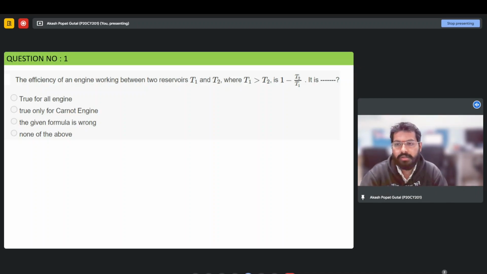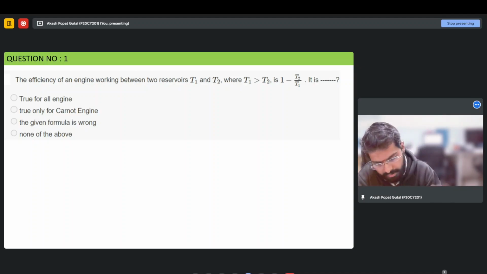So the efficiency of the engine working between two reservoirs, T1 and T2 are reservoirs where T1 is greater than T2. The formula is given as eta is equal to 1 minus T2 by T1. So whichever temperature is less is given in the numerator.